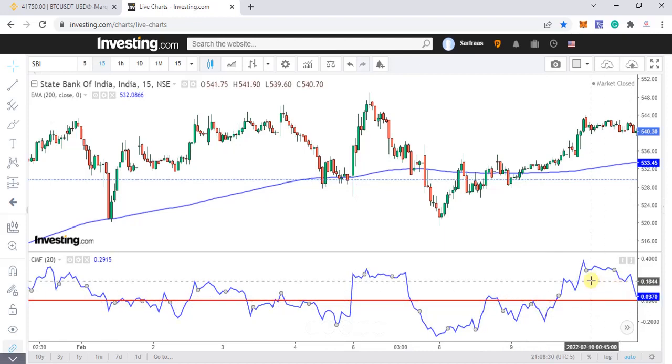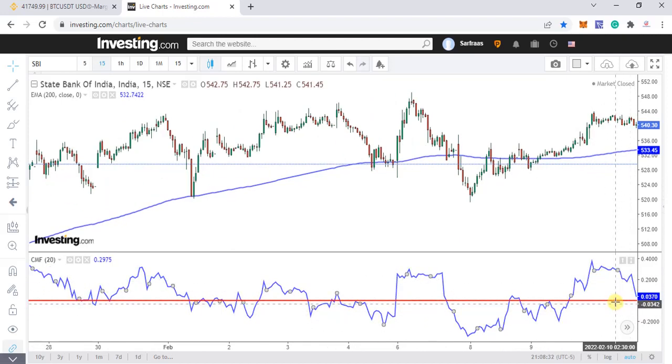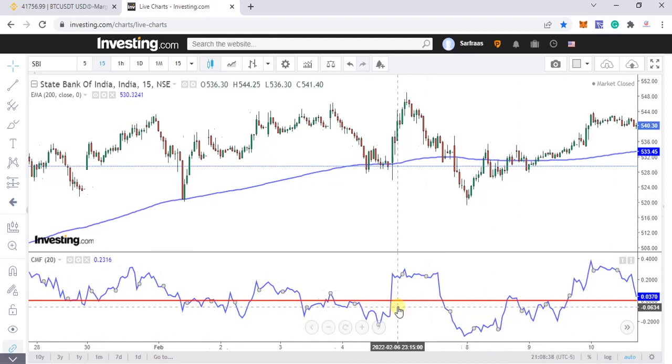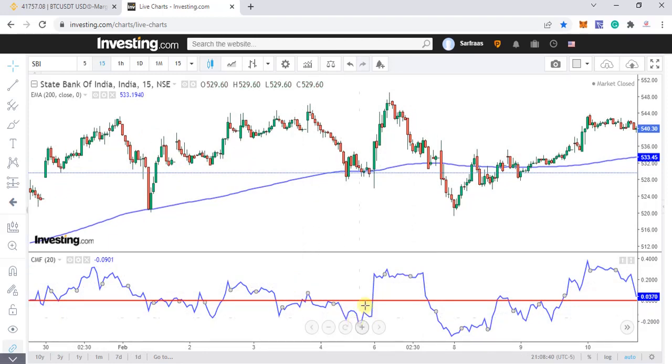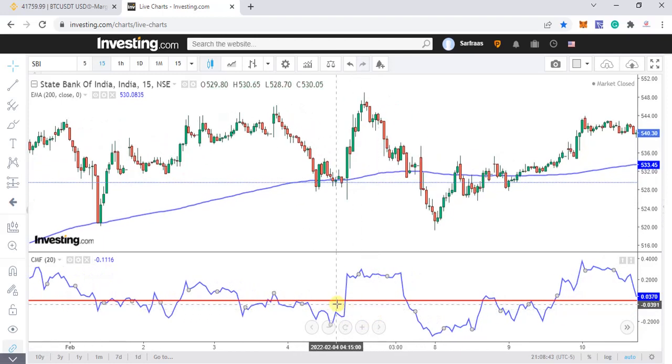The values range from 0 to 1 on the positive side and 0 to -1 on the negative. Whenever the Chaikin money flow line crosses the 0, the red line, you're going to take a buy call. And whenever it goes down into the negative zone and makes a crossover, you're going to take a sell.